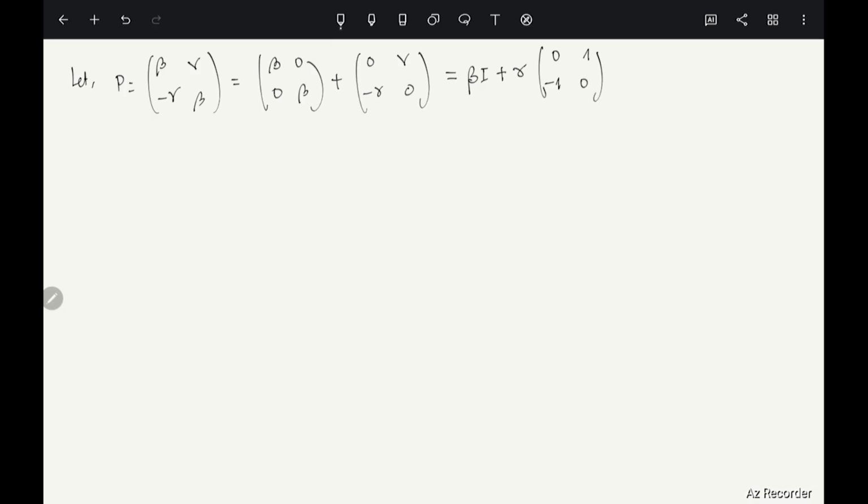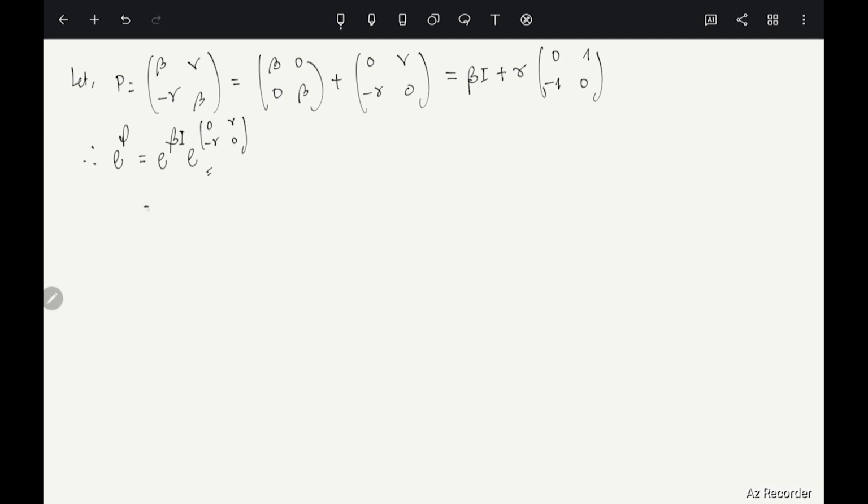Therefore, if we want to calculate e to the power P, what is it? It is e to the power beta I times e to the power of the matrix 0 gamma, minus gamma 0. Now, e to the power beta I is very easy to find out.